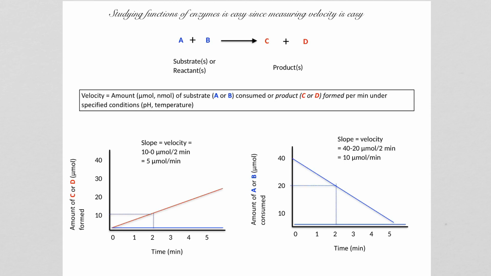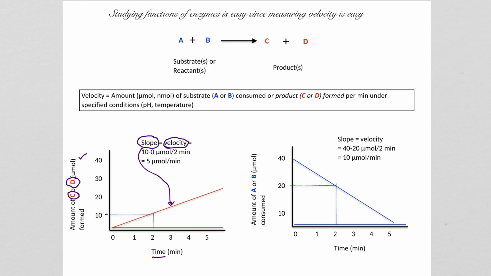So for example, in this graph on the left-hand side, we are following the amount of product C or product D with time. And so you can see in this example, the velocity of the reaction, which is basically the slope of this line, can easily be determined.